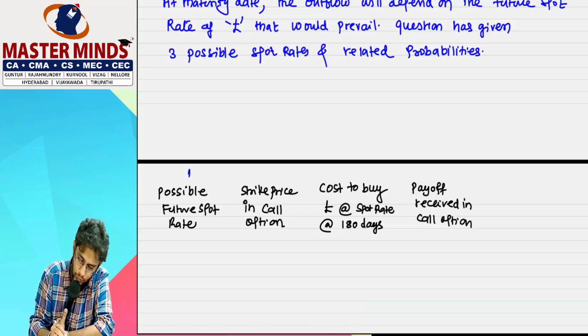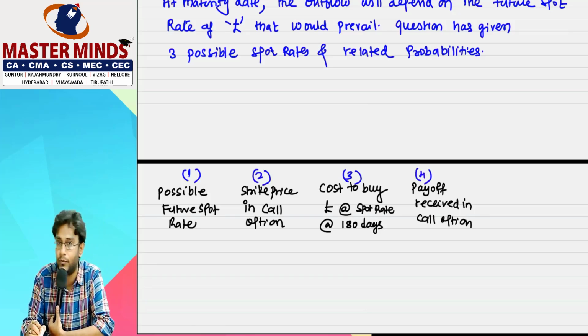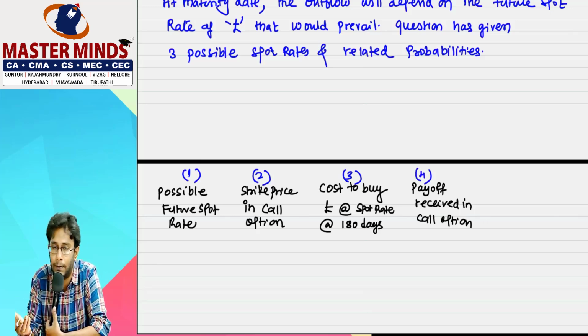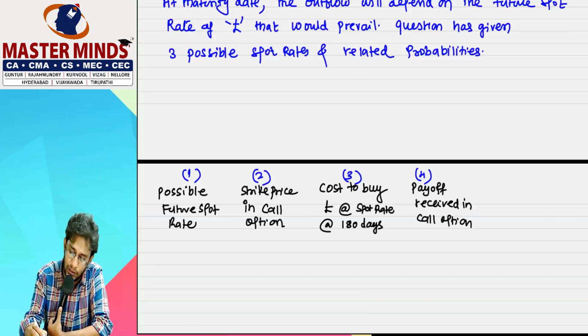So this is your 1, 2, 3, 4. The third column is your outflow because you have to buy pound, because you have to pay pound. The fourth column will be your inflow because your call option may get exercised. Your net outflow will be 3 minus 4.